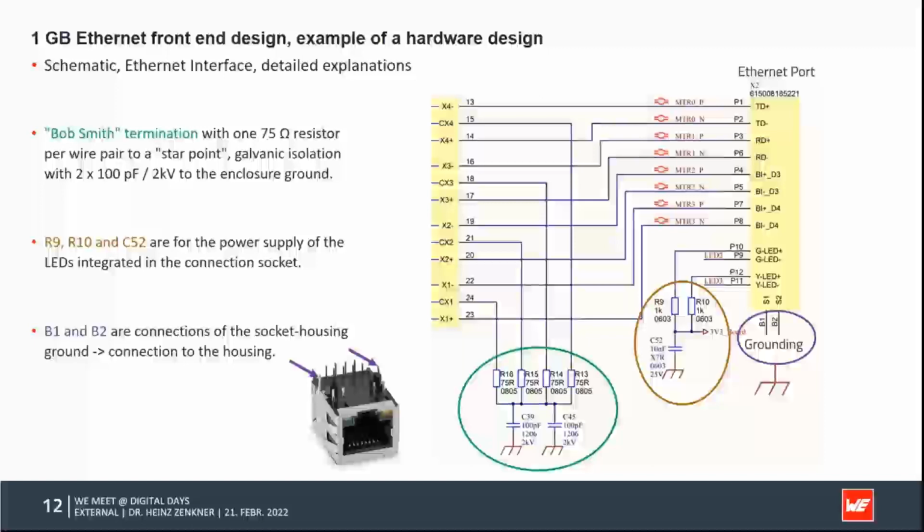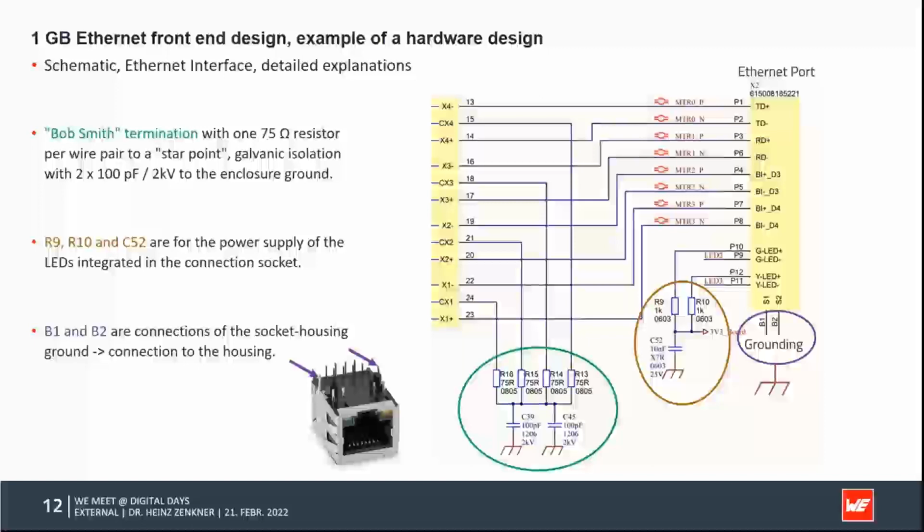Then these two resistors here are just for the LED power supply, but again filtered with a capacitor to the same ground. And then the Bob-Smith termination is again connected with two capacitors to the shield ground. Why do we have two here?